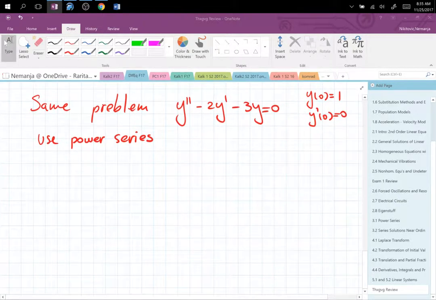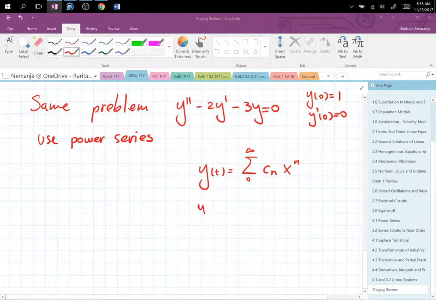Use power series to solve the problem. The way we do it is we assume the solution y of t to be summation cn x to the n from 0 to infinity.